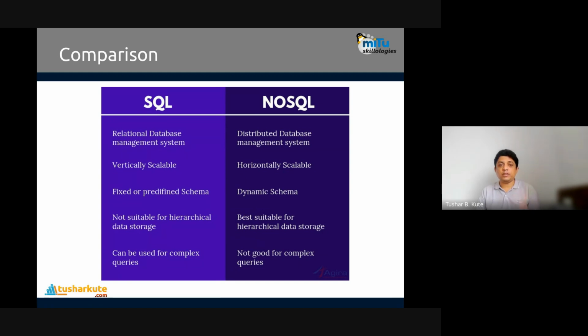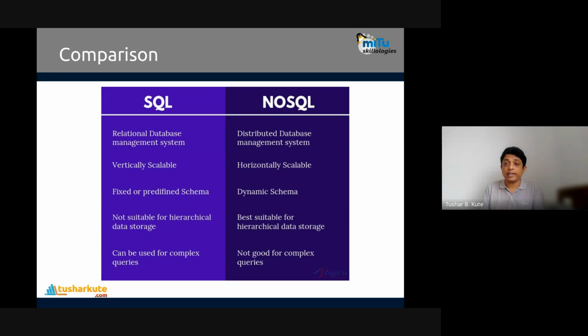Then in SQL, hierarchical data storage is not possible. Hierarchy means tree-wise or graph-wise, which is a perfect example of unstructured data. I hope you have learned about the same in your data structures. When you have the data in tree format, that time we'll be using this method. Dynamic schema is present.